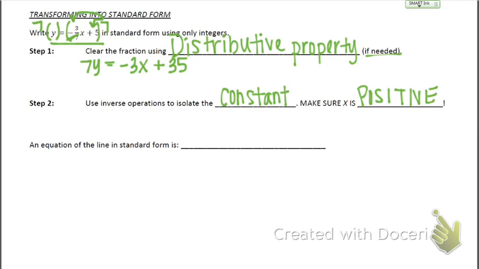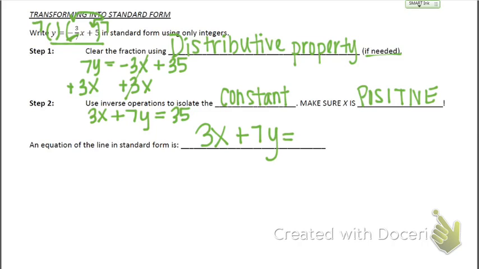So I'm going to add 3x to both sides. Because they will add up to 0 on the right. 3x and 7y are not like terms. So that's going to stay as 3x plus 7y equals 35. Is the x value positive in this problem? Yes. So we are done. And an equation of the line in standard form is 3x plus 7y equals 35.